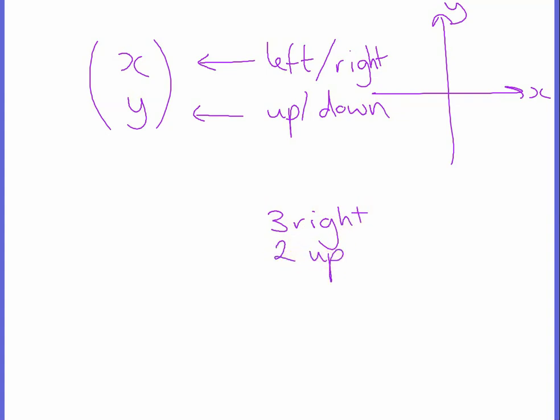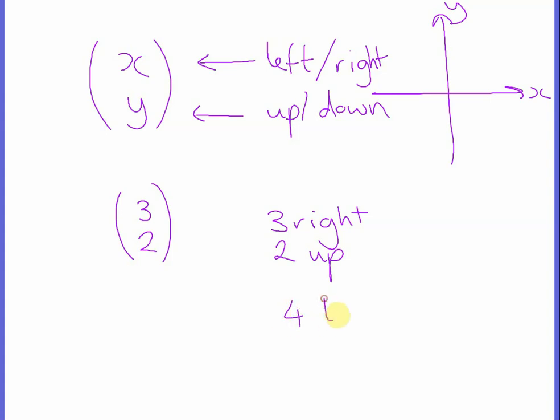So if we want to describe, say for example, let's move 3 right and 2 up, we can write that as a vector. We can say 3 in the x direction. And if you think about moving right from the center, we're going into positive numbers, so our 3 is positive. And going from the center to go up 2, we'd end up in positive numbers as well. So we use a 2 to go up.